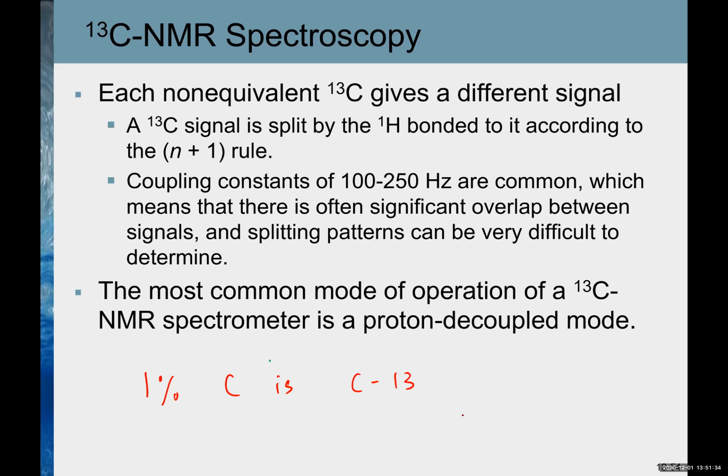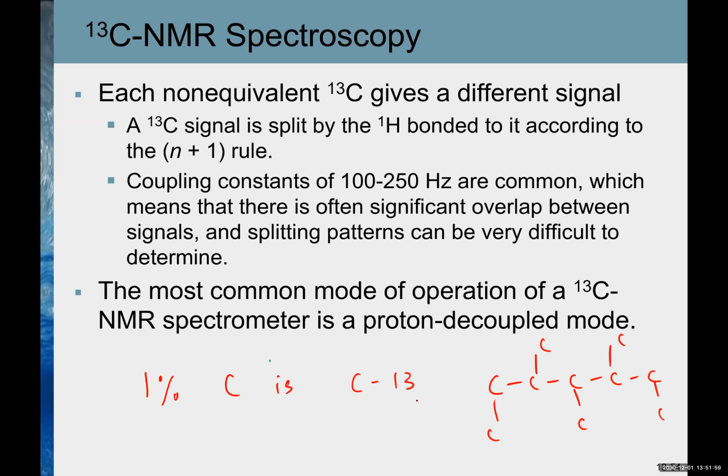For example, if we have a large molecule with a 100 carbon chain, out of those 100 carbons, only one carbon will be C13. And that one particular atom will give us a signal, right?